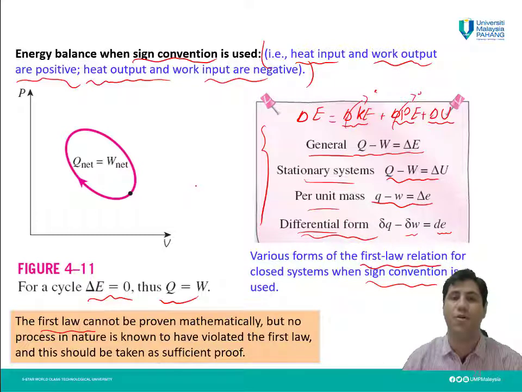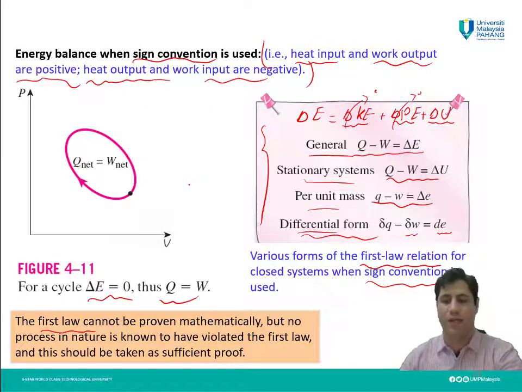But up to now, there has not been anything which is against the first law of thermodynamics, or conservation of energy. So we use this conservation of energy as our rule here to calculate the change in the energy, or to write the energy balance for a closed system.